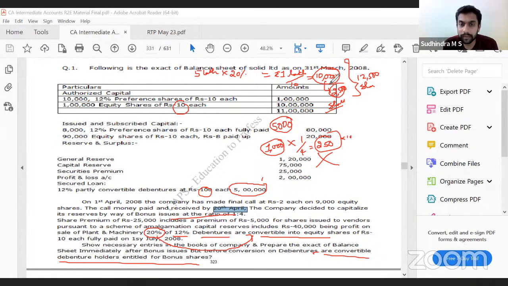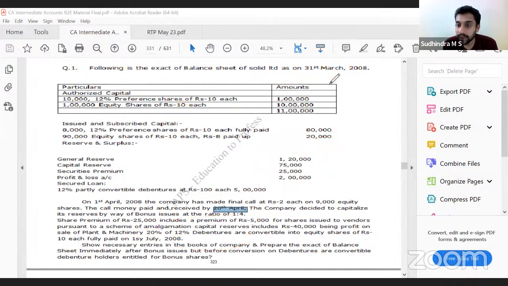Yes, Pradeep. Could you please explain that 5,000 rupees vendor point here? That 5,000 rupees securities premium was received how? By allotment of shares to vendors in pursuance of a scheme of amalgamation.